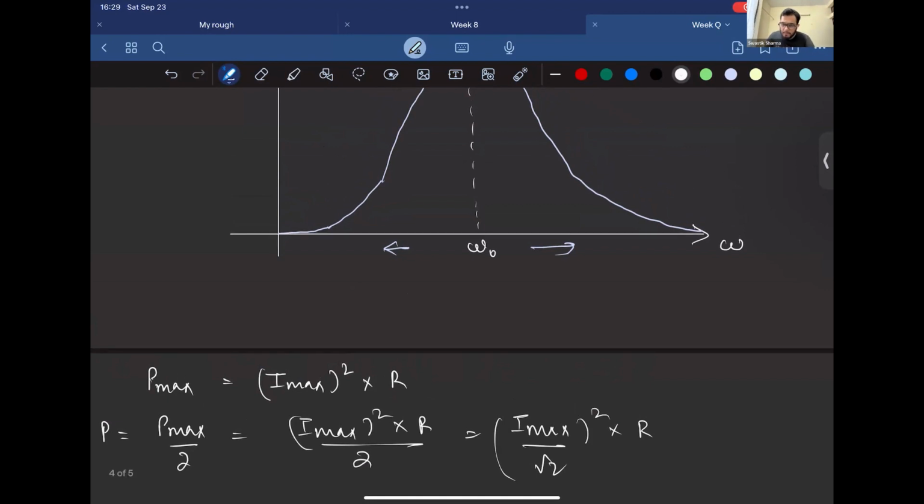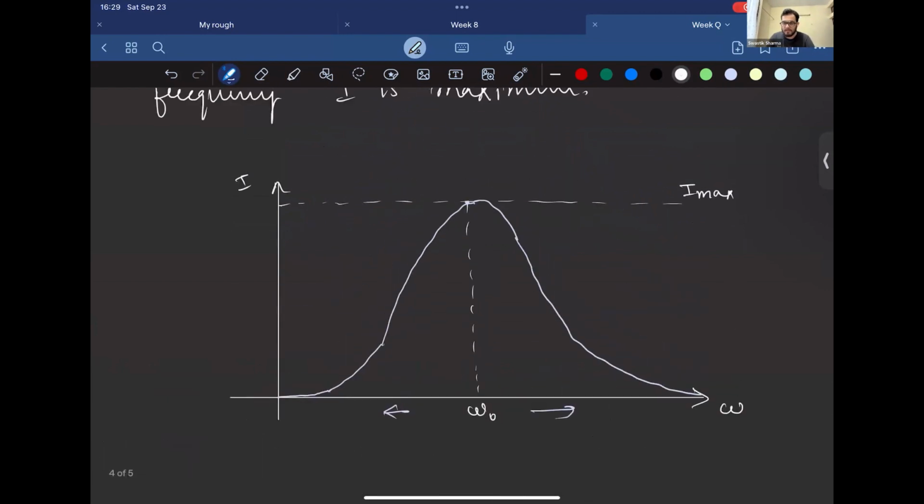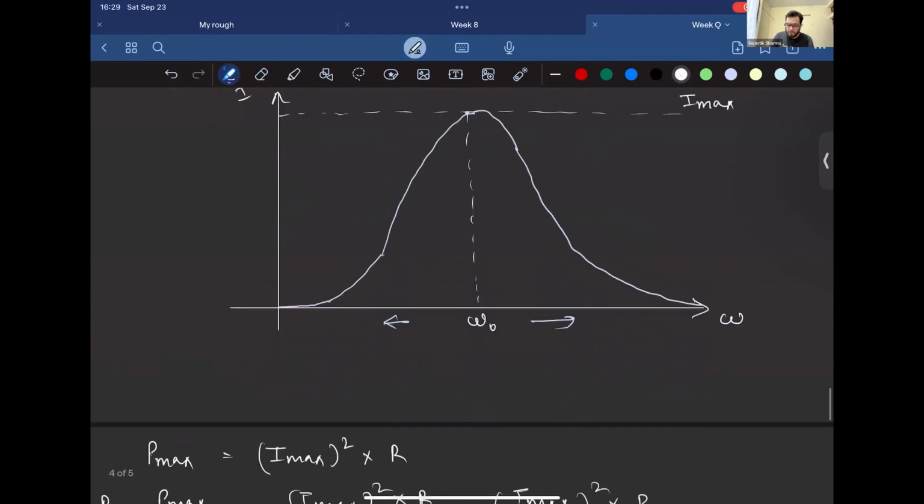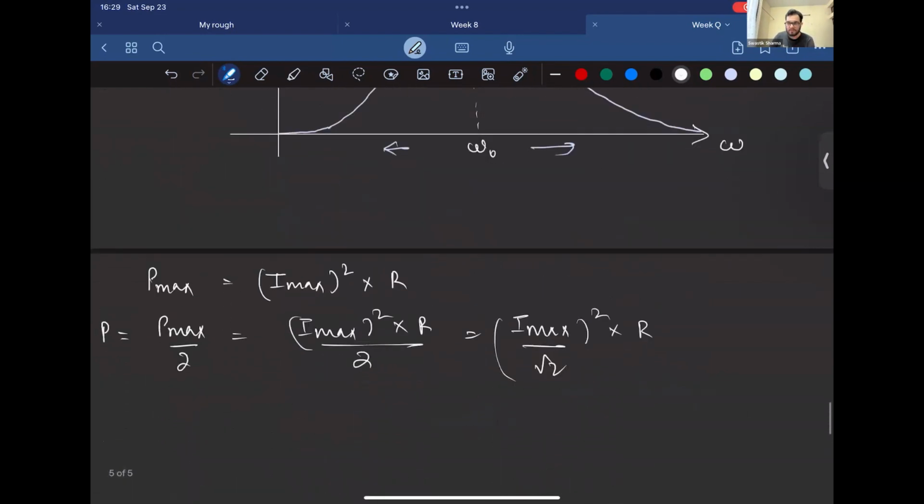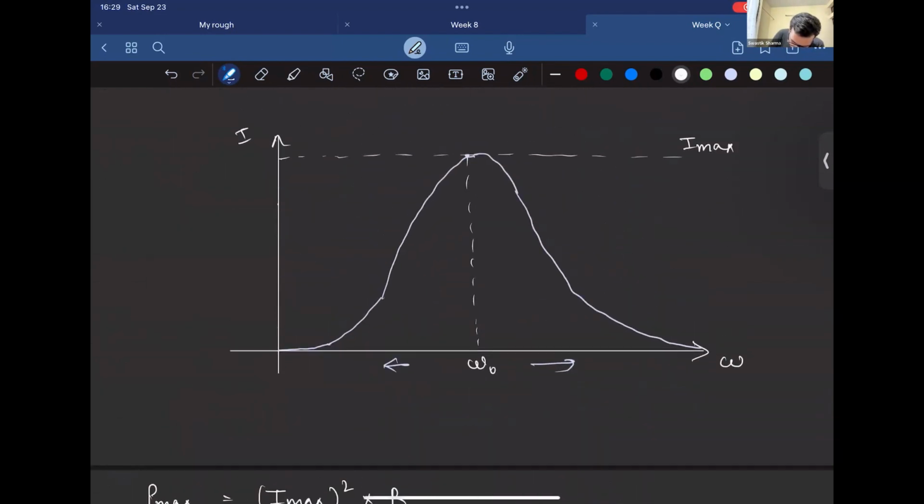At 70.7% of the maximum current, the power would be exactly half of the maximum one. So this is where 0.707 will lie.